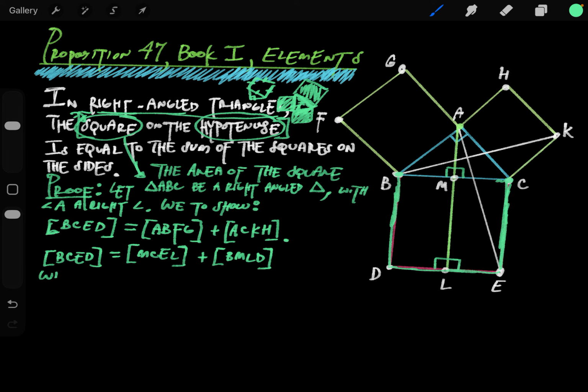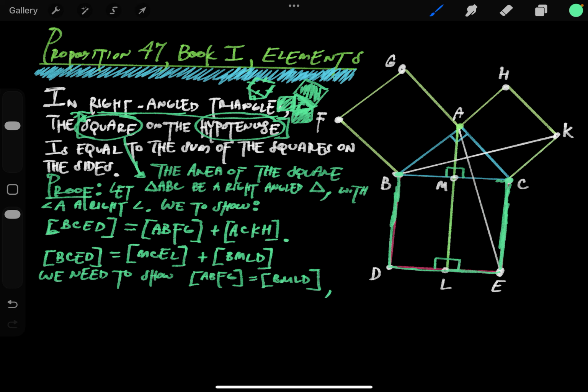So now I just have to work on showing that ABFG is equal to BMLD, I did this a little off, but it's fine, and I need to show that ACKH is equal to MCEL.